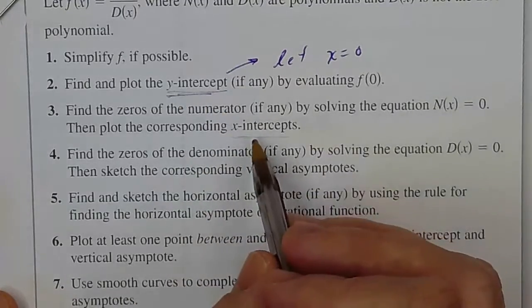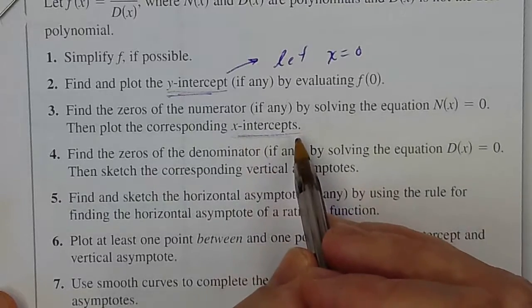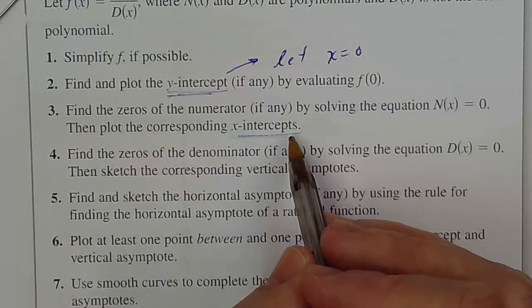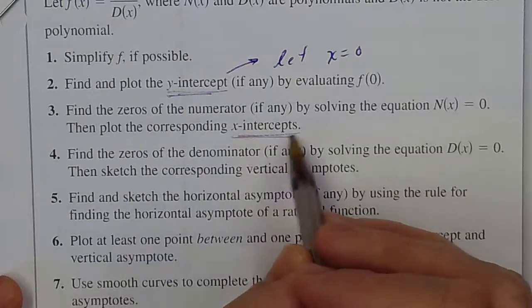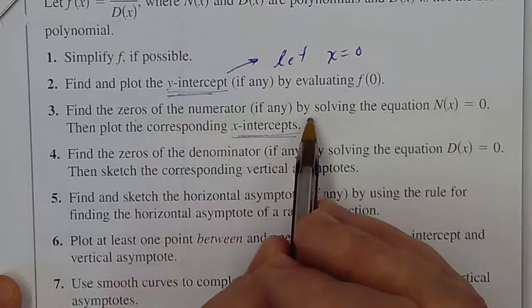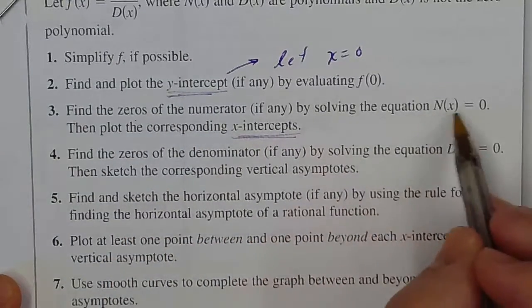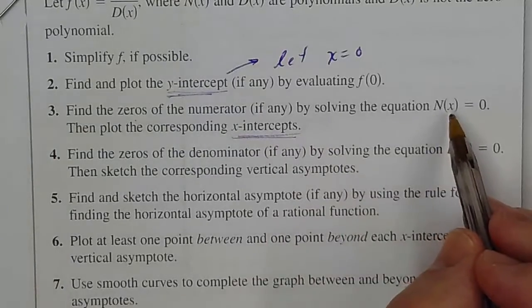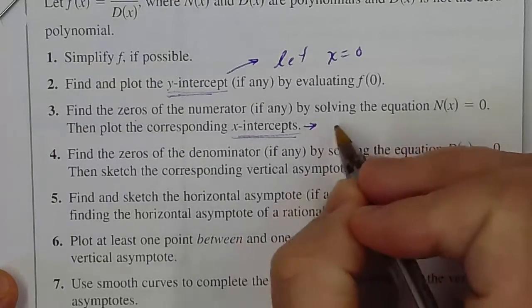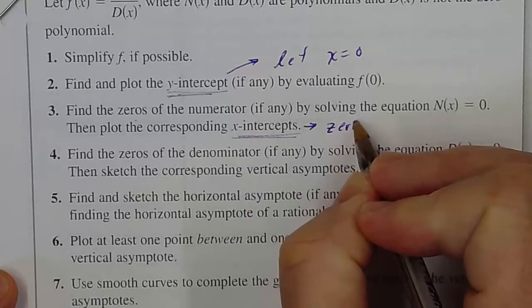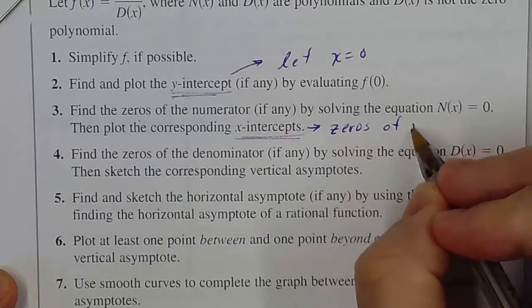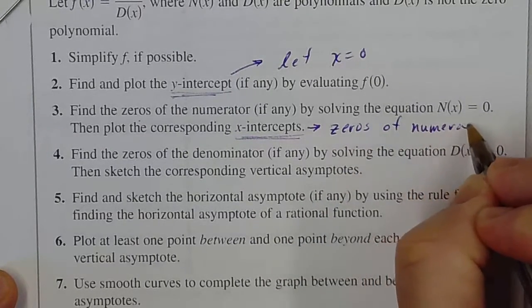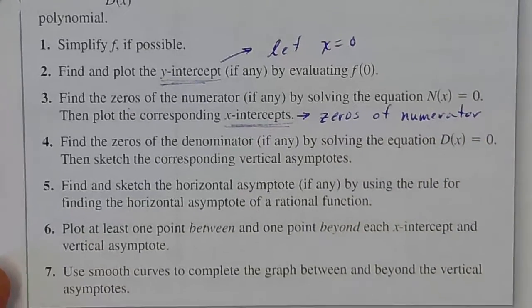To find x-intercepts, we used to always let y equal 0, and we kind of do, but it's a little different for rational functions. To find x-intercepts, we find the zeros of the numerator and then solve that equation. They put n of x for numerator, okay? So for x-intercepts, simply put, it's going to be the zeros of numerator, okay?